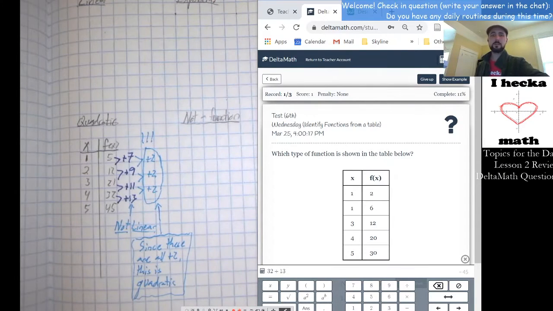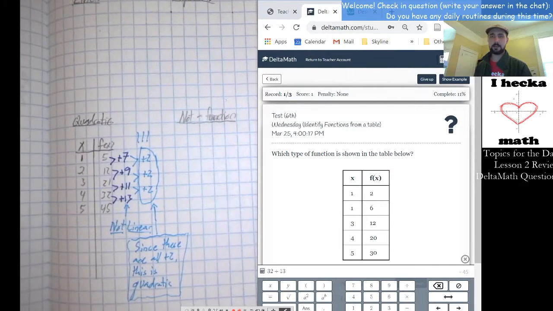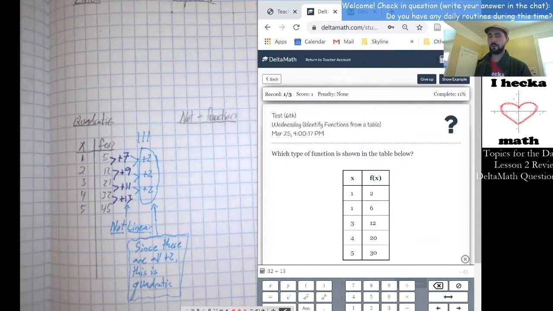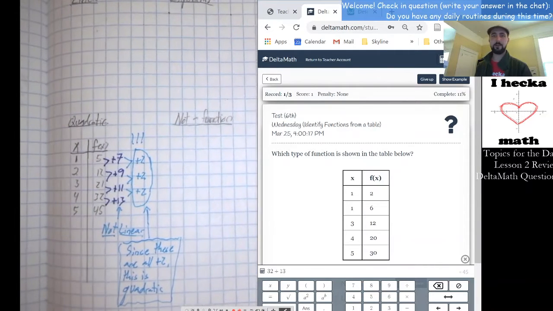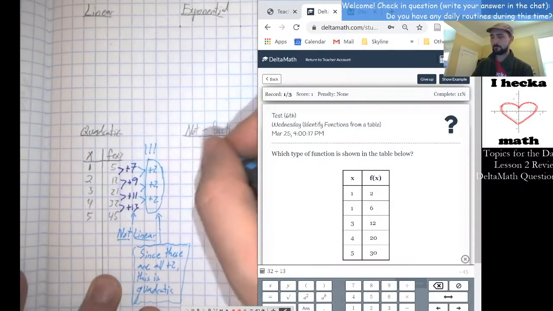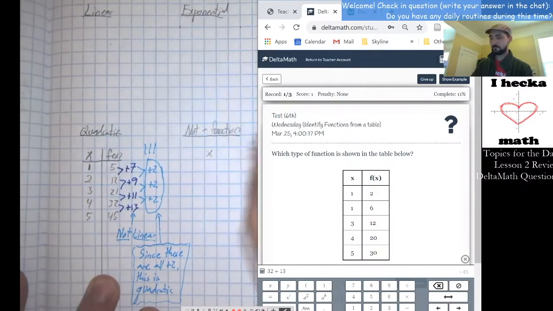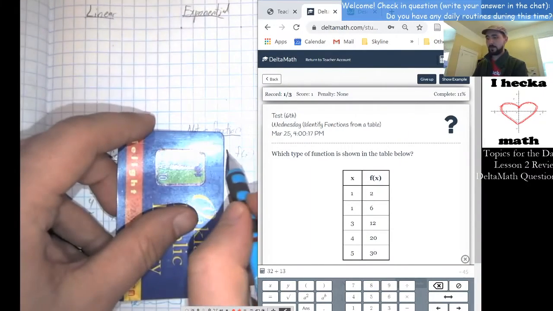Okay, so again, I'm looking at this, doing a little bit of mental math, thinking about how we're going to talk about this, and I'm pretty sure this is not a function. Here is how I know that. And if you're following along at home, see if you can figure it out before I say it.